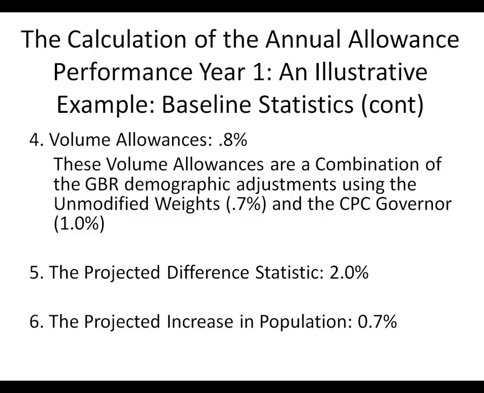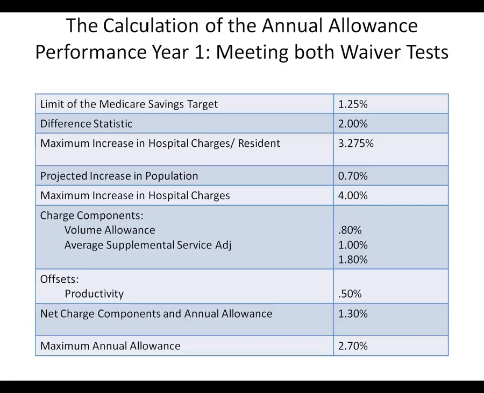Now, given those 6 statistics, the volume allowance can be derived as we do on page 22. We start with the limit of the Medicare savings target, which I described earlier as 1.25%. That's the amount of the claims increase for Medicare fee-for-service beneficiary that this annual allowance will produce.